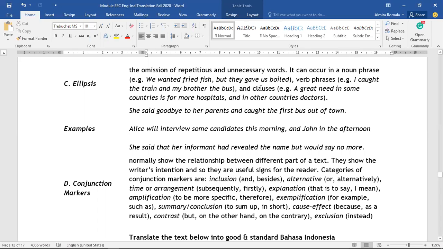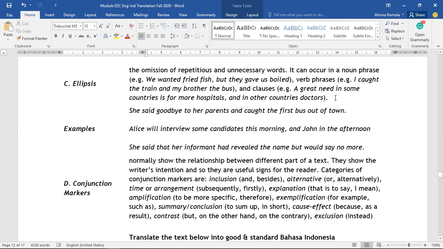And the other, the clauses: a great need in some countries is for more hospitals and in other countries doctors. Okay, so it means that in the second clause, in other countries doctors means a great need in other countries is for more doctors. So doctors here replaces hospitals.